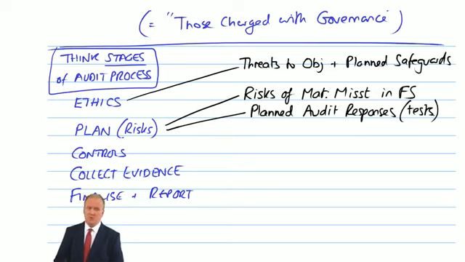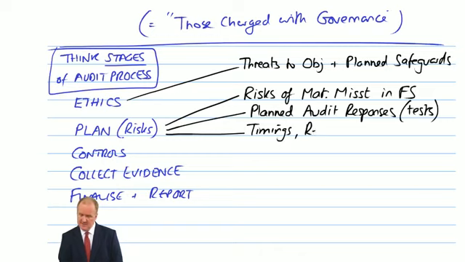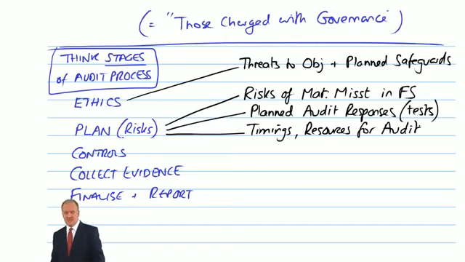We would need to talk them through what we're going to do about this in the audit so they know what our planned responses are. And that may well then lead to discussing the timings and the resources for the audit that you are expecting to use.